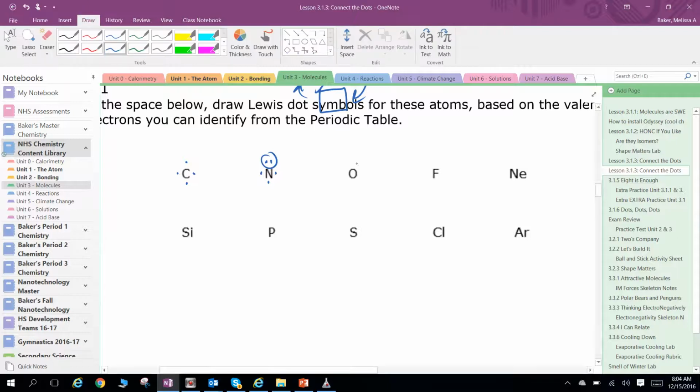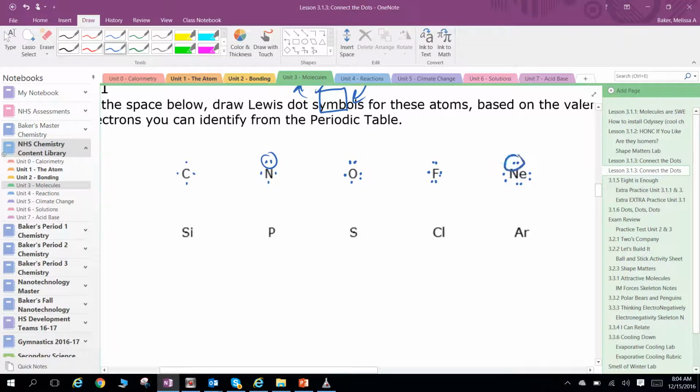I'm going to make my dots bigger. Oxygen, 1, 2, 3, 4, 5, 6. Fluorine, group 7A, 1, 2, 3, 4, 5, 6, 7. And neon, group 8A, 1, 2, 3, 4, 5, 6, 7, 8.